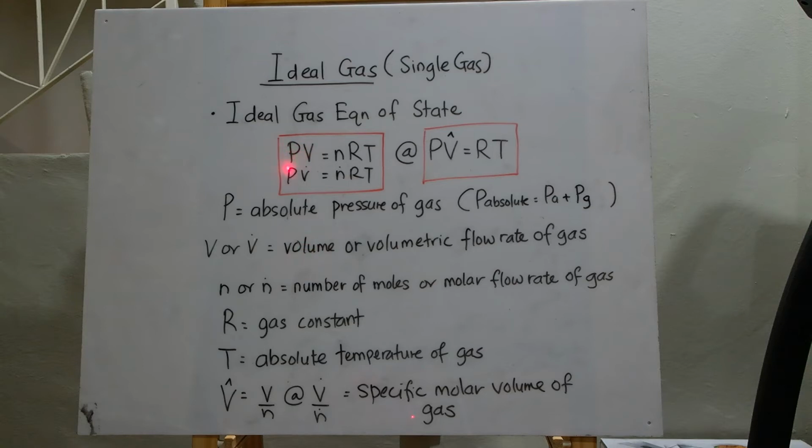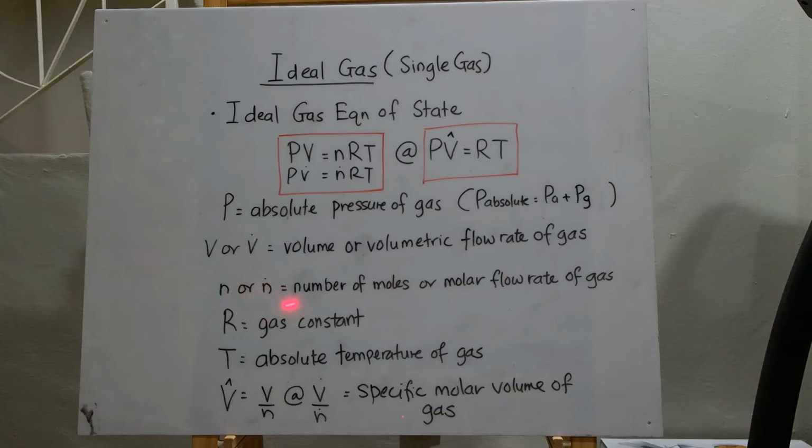We have two forms: PV equals nRT, or V dot times P equals n dot times RT, where P means the absolute pressure of the gas, which is equivalent to atmospheric pressure plus gauge pressure. V or V dot is the volume or volumetric flow rate of the gas.